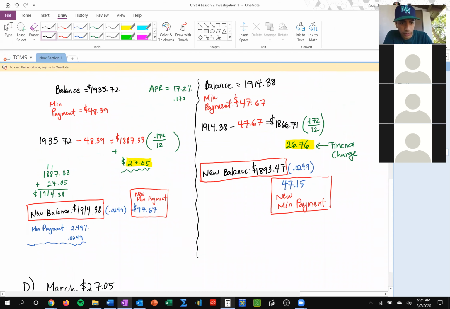I don't know if there's any other particular pattern about this. I know that it has something to do with the finance charge, the rate at which you're paying it. So let me just try something here.